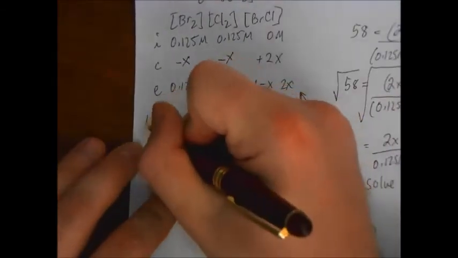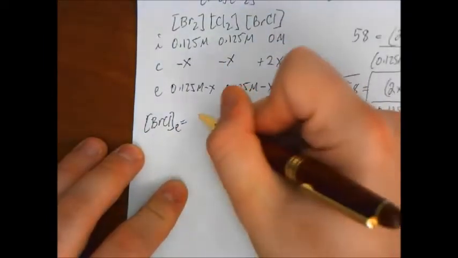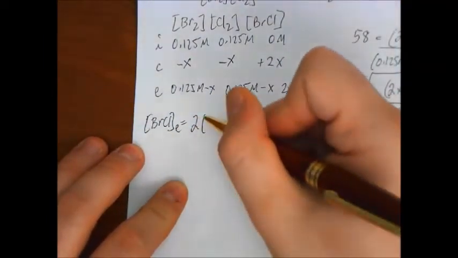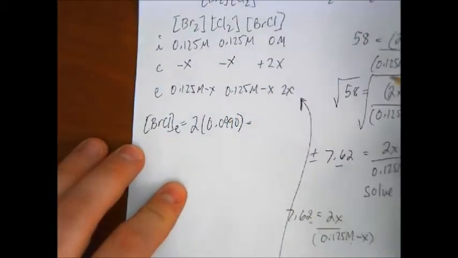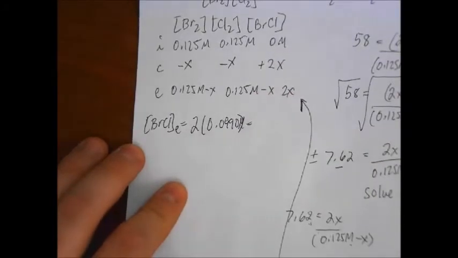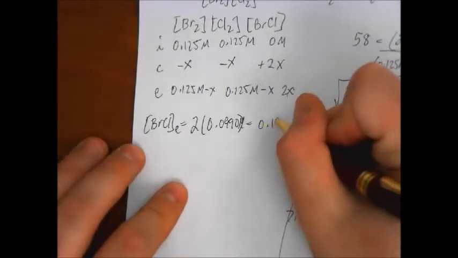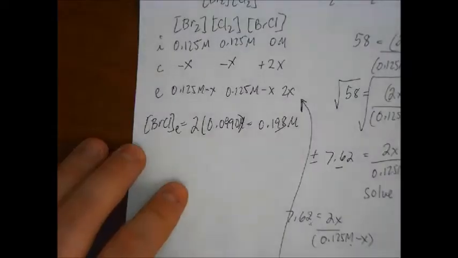So if we want to know the equilibrium concentration of the BrCl, which is what the question asks, we're going to take 2 times our root, which is 0.0990 molar. So 2 times 0.099 is going to equal 0.198 molar. So that's going to be our concentration of the BrCl at equilibrium.